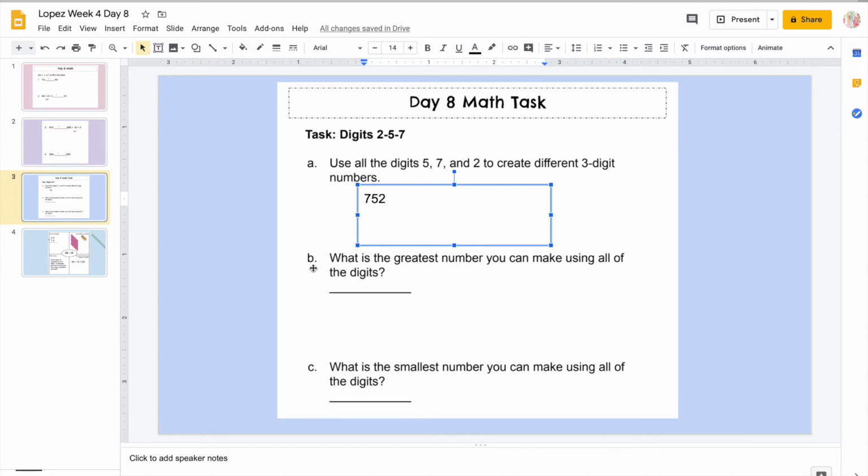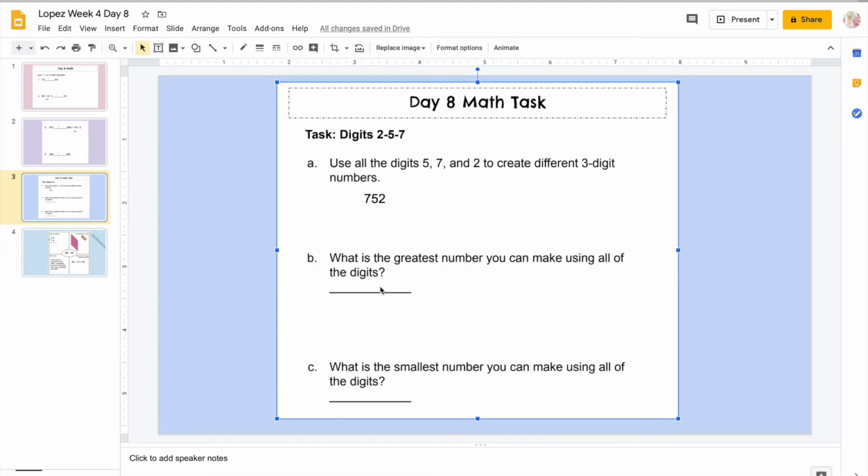Moving on to B, it's asking, what is the greatest number you can make using all of the digits? Basically, we have 3 digits. We need to place them in order from greatest to least. If we do that, that's going to give us the largest possible number we can make. So if we're looking at the 3 numbers, we have 5, 7, and 2.